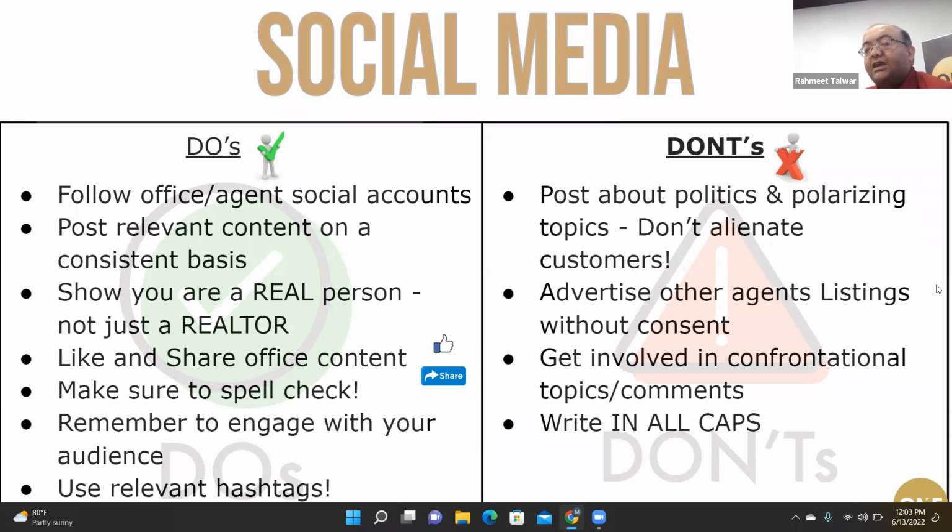Don't get involved in confrontational topics or comments. It's best to keep it professional. You could share your own life on your Facebook or Instagram. It's good to interact with your business and personal, but whatever you're putting out there, keep in the back of your mind, actually in the front of your mind, that you are a realtor.